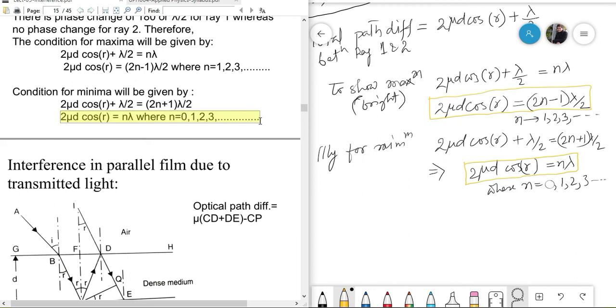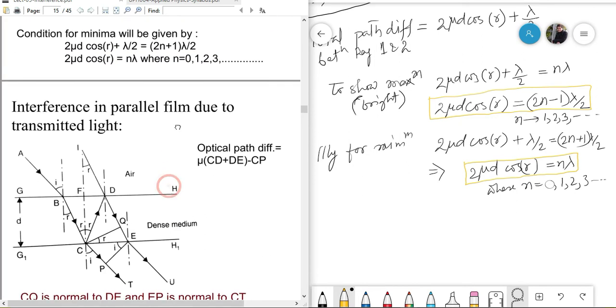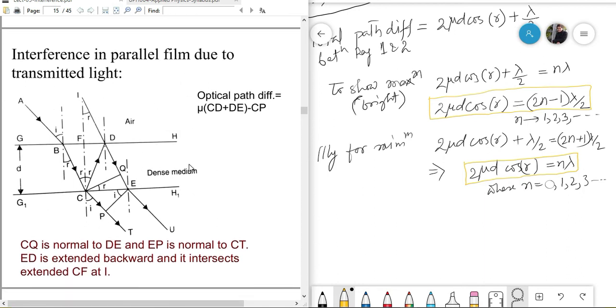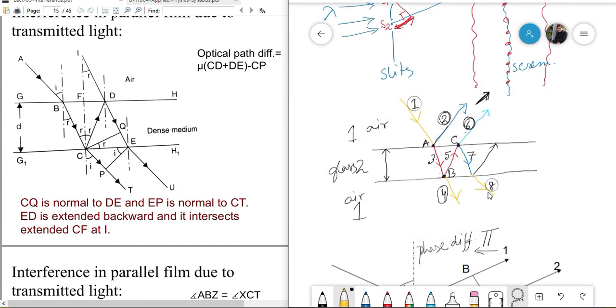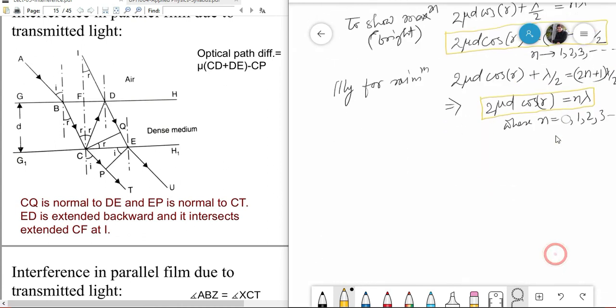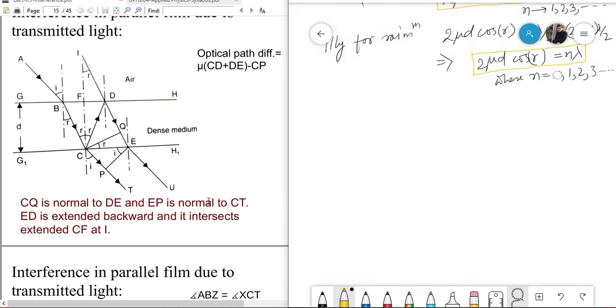So now with these two conditions for the maxima and the minima, we can go to look at what happens with the refracted lights. So if you remember here, these 4 and 8, these are the transmitted light. So if interference happens between these 4 and 8, then how would we calculate the path difference? Now the calculations are again straightforward.